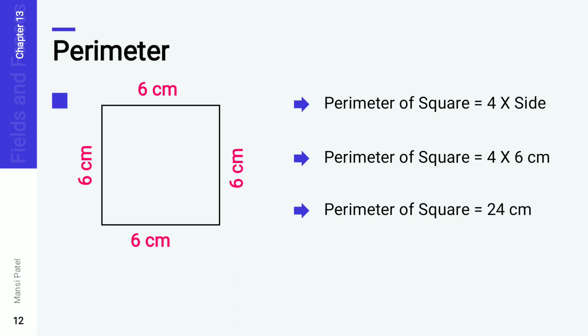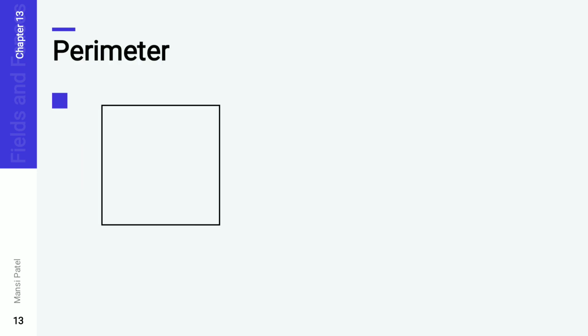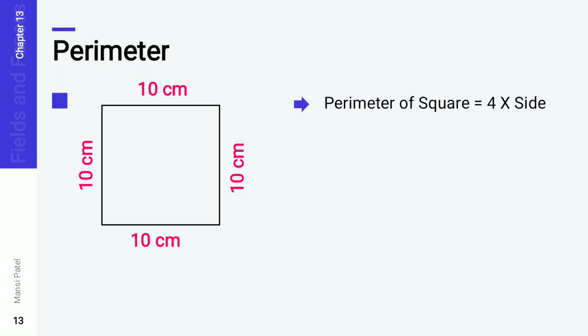Now let us see one another question. In this also you have to find out the perimeter of a square, but see the measurement is 10 centimeter. So we just write down the formula. Perimeter of square is equal to 4 multiplied by side.